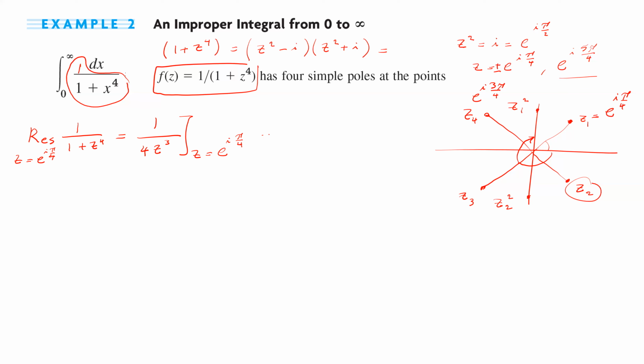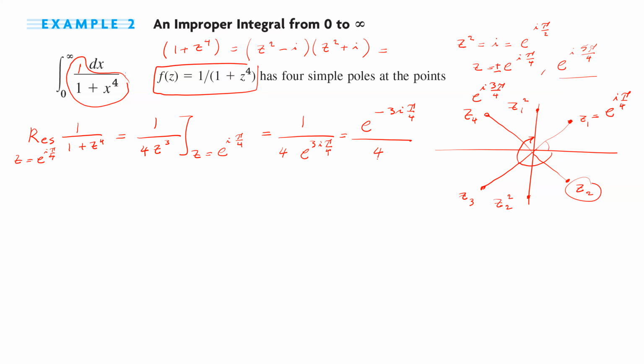If you do that, it becomes 1 over 4 e to the 3i pi over 4, which is e to the negative 3i pi over 4 divided by 4.